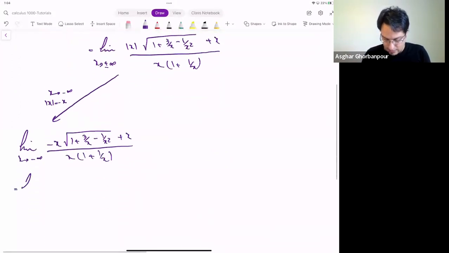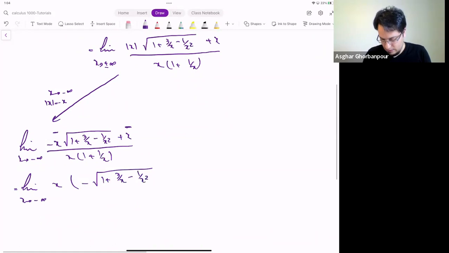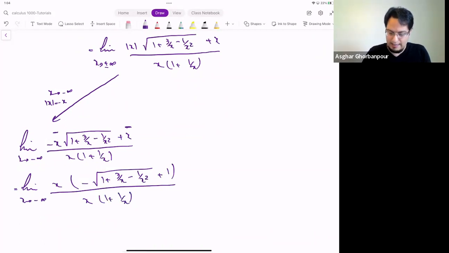Now I can factor out the x's here. And I get minus 1 plus 3 over x, minus 1 over x squared, plus 1 over x, over 1 plus 1 over x. And then I can cancel these two and use limit laws.